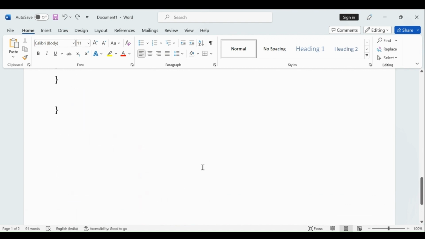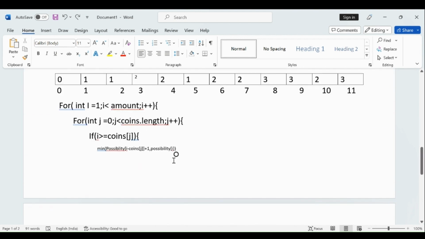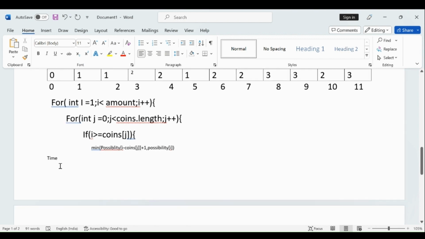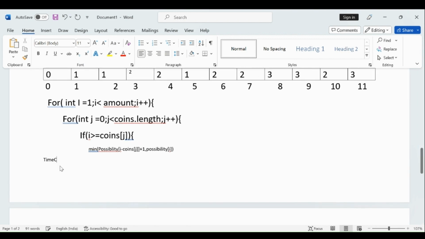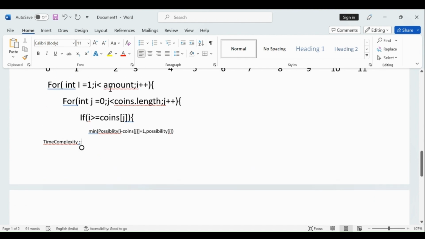So let's now talk about the time complexity of this problem. As you can see here, we first need to iterate till the amount.